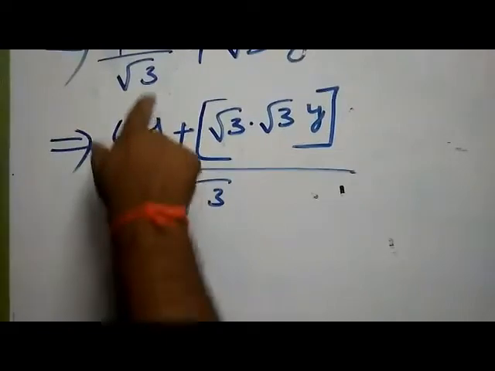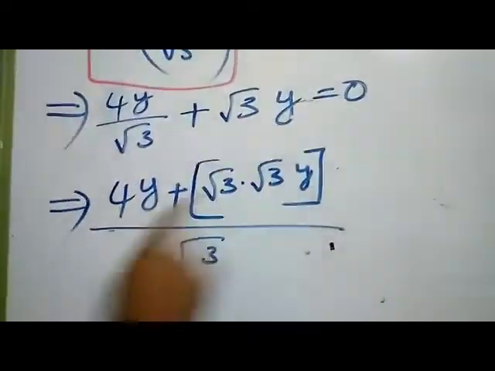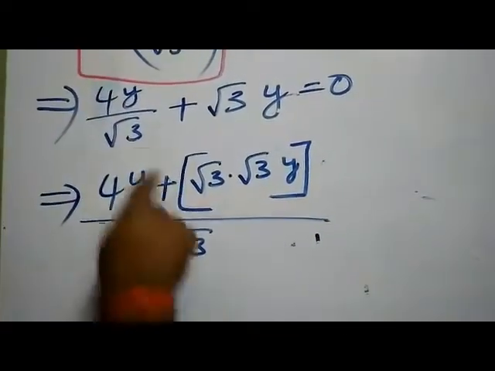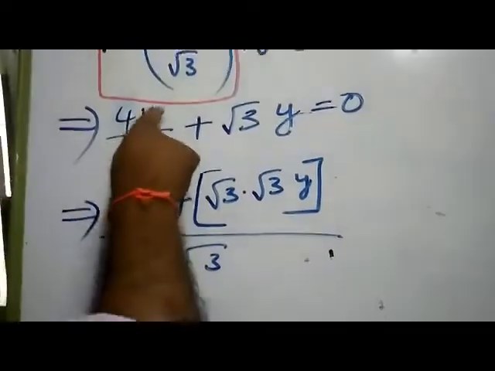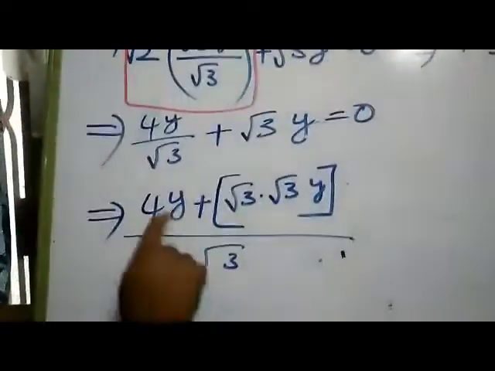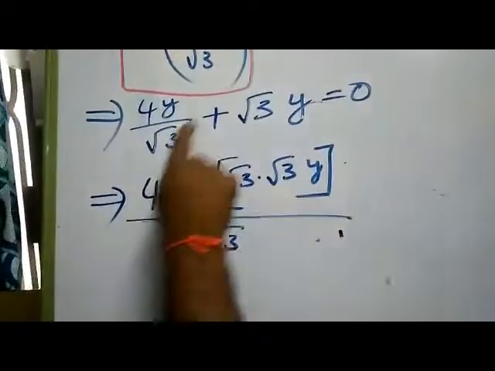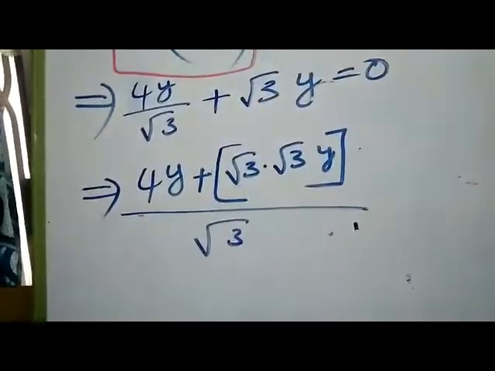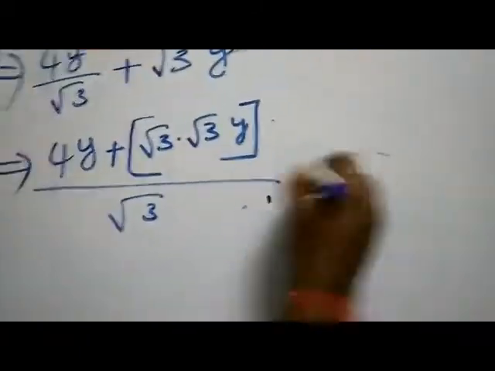Okay, 4y plus root 3 into root 3y by root 3. Now it is by root 3 only for 4y, and now it is for full. 4y plus root 3 into root 3 by root 3 is equal to 0. This is very important.